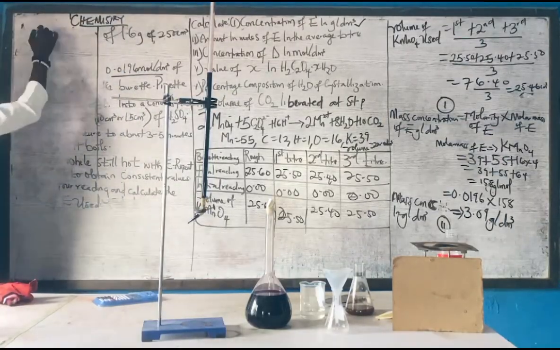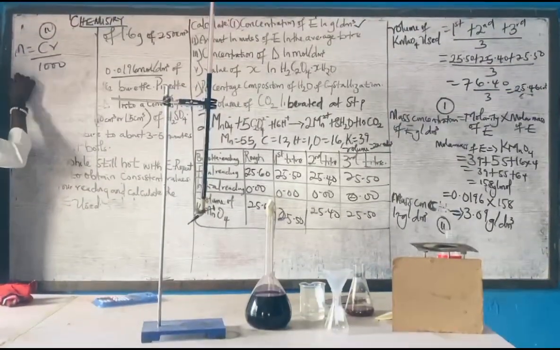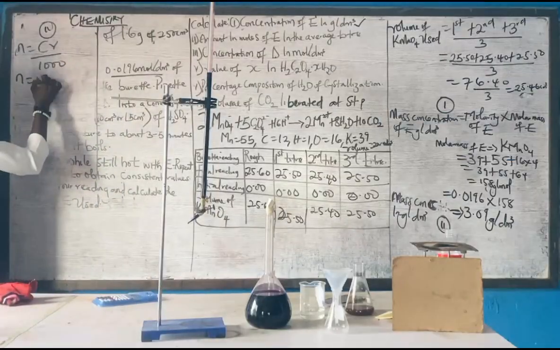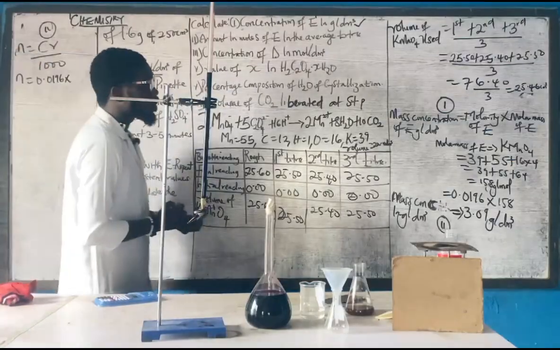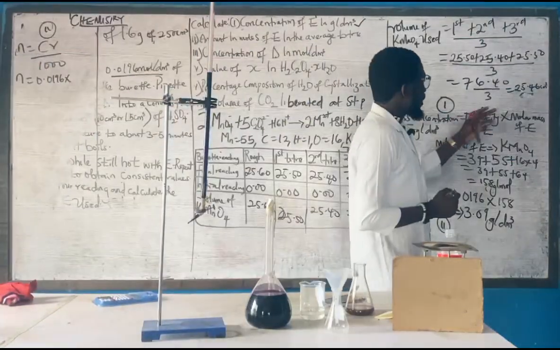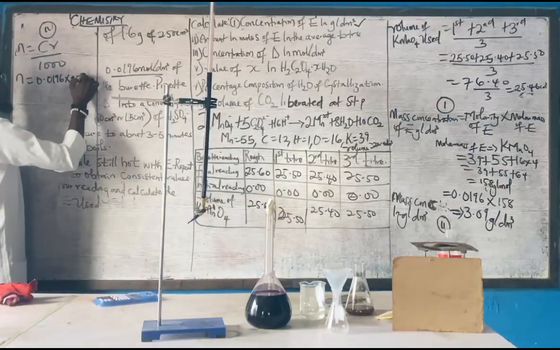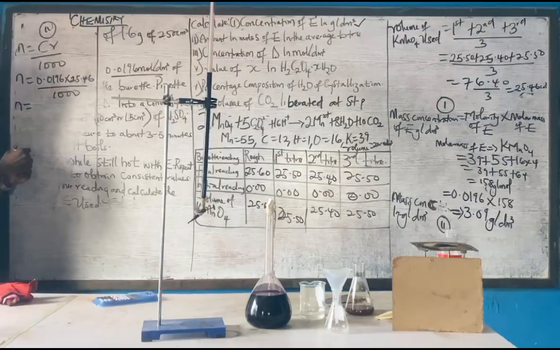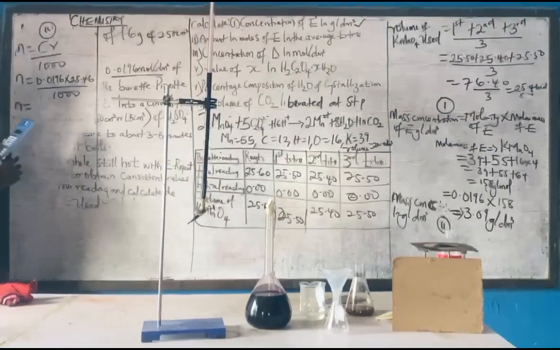So we have n is equal to CV over 1000. What is our C? The C is 0.0196 times the volume of the KMnO4, which is 25.46, divided by 1000. So n is equal to 0.0196 times 25.46.